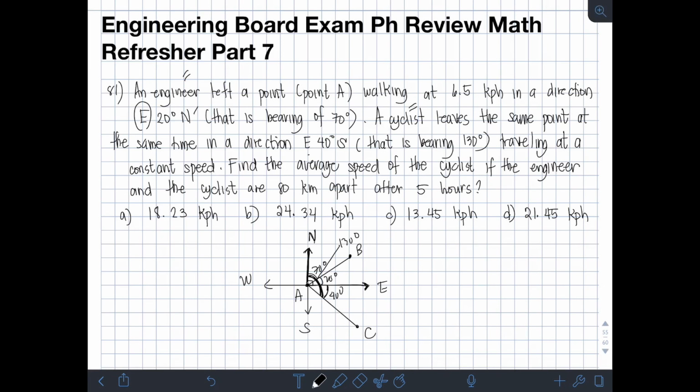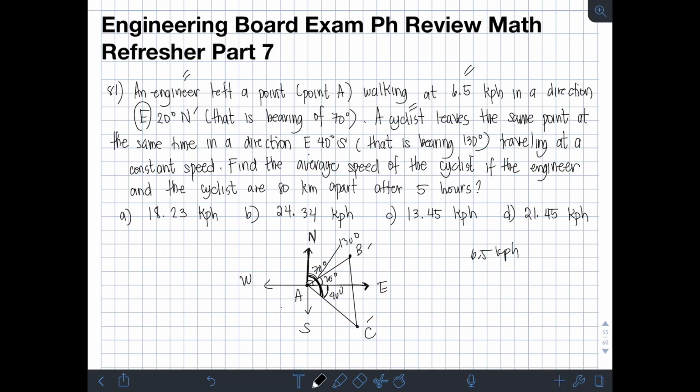So, find the average speed of the cyclist if the engineer and the cyclist are 80 kilometers apart after 5 hours. So, dun muna tayo sa engineer. So, given yung speed niya na 6.5 kph, right? Tapos, hinahanap yung average speed ng cyclist kung 80 kilometers apart daw sila after 5 hours. So, ibig sabihin, kung point B at point C yung na-travel nila, starting from point A after 5 hours, ito yung distance nila, right?